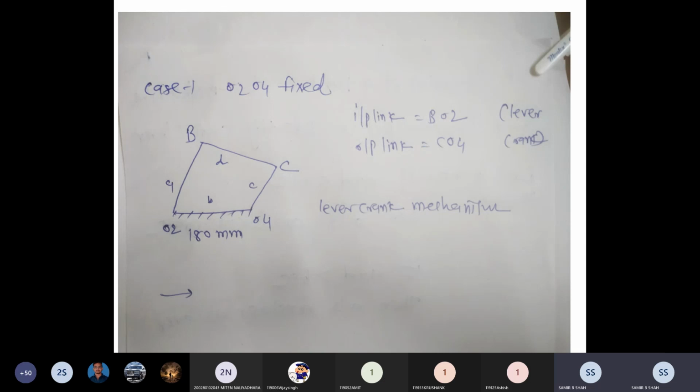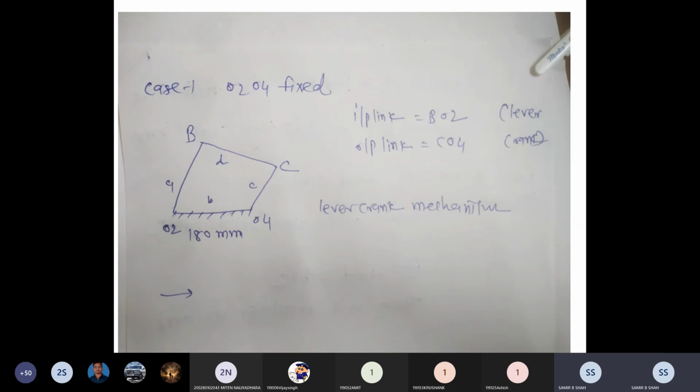So please draw the diagram as shown in the slide, where O2 is on the left side and O4 is on the right side of a horizontal line, which is fixed. If the dimension is larger, then you are free to take a scale. The dimensions are already predefined initially.